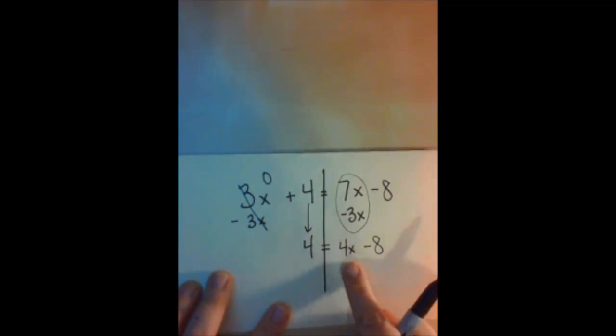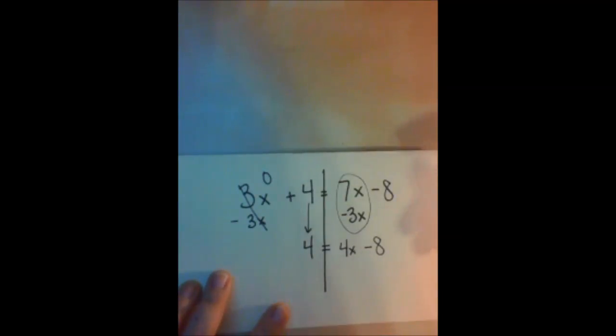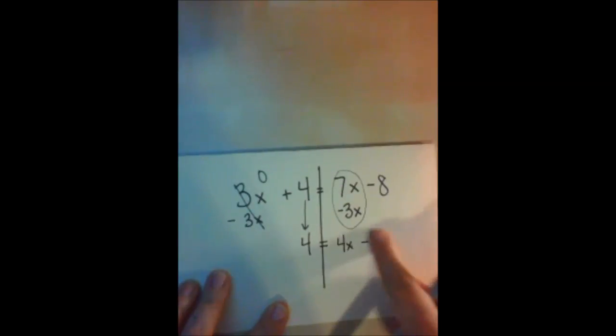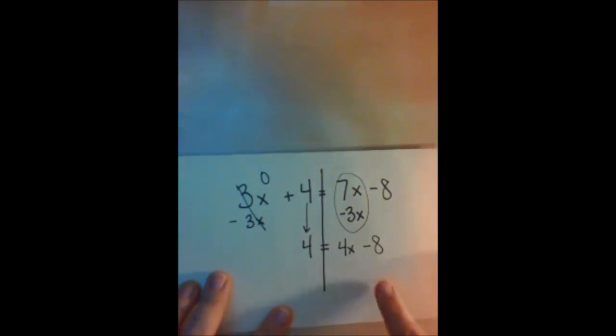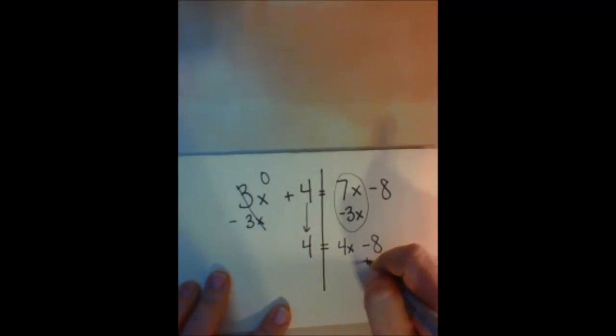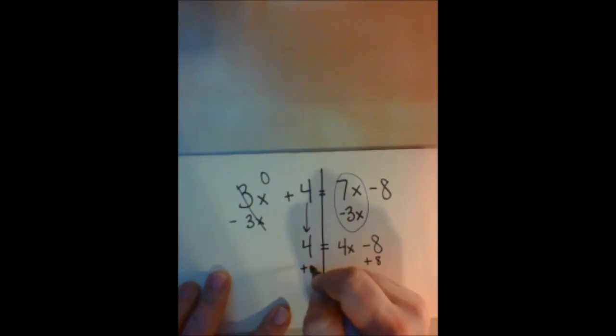Now that I have all of my x's on the right side, I want to move all of the other values over to the left. So I'm going to do that by getting rid of this minus 8. To get rid of minus 8, I'm going to want to do the opposite of subtracting 8, which would be adding 8.